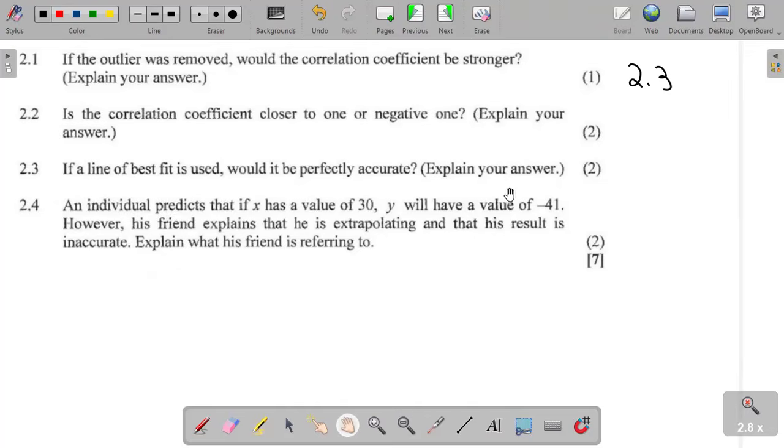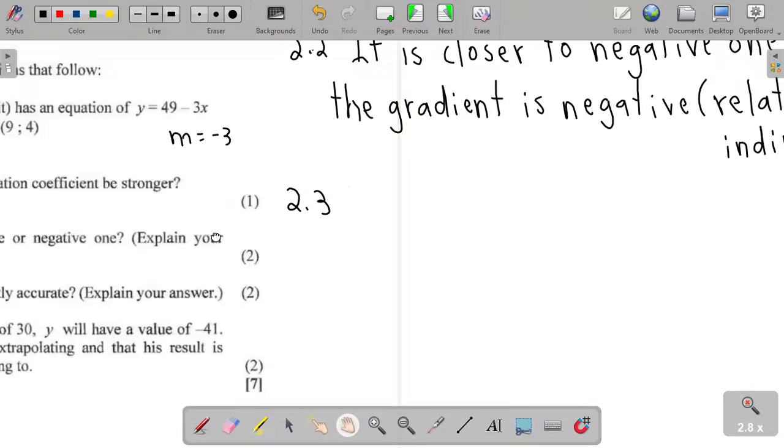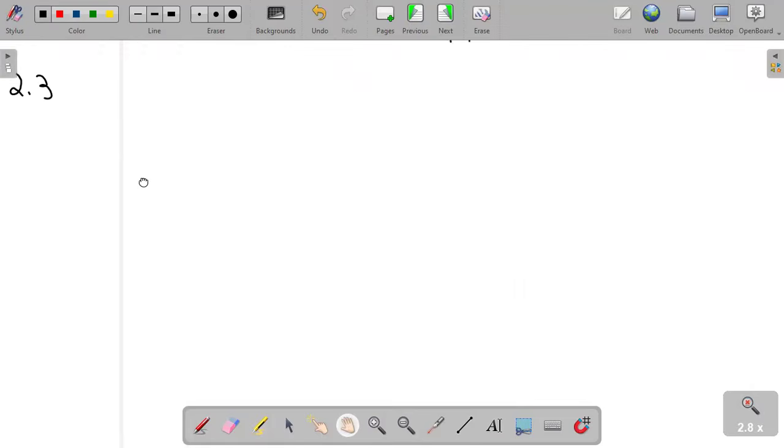Explain your answer. So the answer here is going to be no. What is the reason? For the line to be perfectly accurate, it means that the correlation should be -1. If it's a negative correlation, it should be -1.